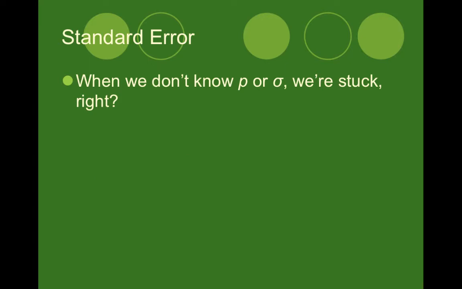So if we don't know what P, our population proportion, or sigma, our population standard deviation, is, then we're stuck, right? We can't move forward if we don't know what the population really is.